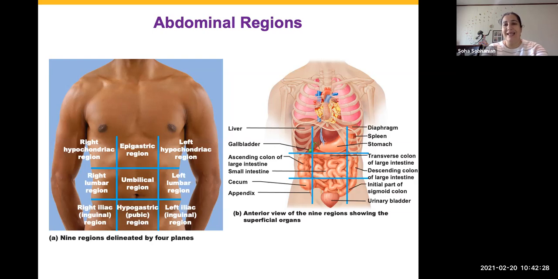The word iliac is associated with the pelvic bone called the ilium. Have you seen the pelvic bone, that big chunky piece on the top that kind of looks like an ear? That's the iliac bone. The word epi means on top of.